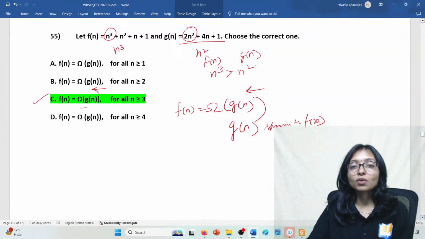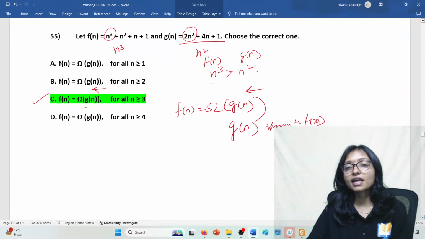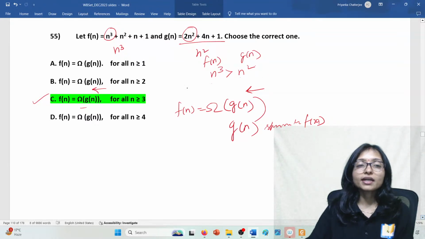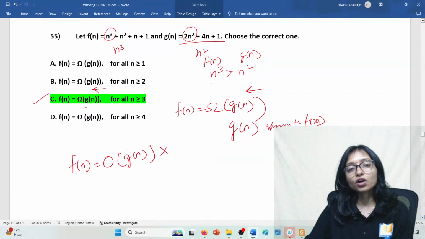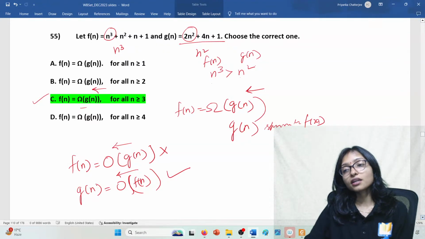So g(n) is less than f(n), and f(n) is greater than g(n). That's why it is correct. If I write f(n) equals big O of g(n), then this is wrong because g(n) is bigger than f(n). No. But if I write g(n) is big O of f(n), is that correct? Yes, this is correct because f(n) is bigger than g(n).